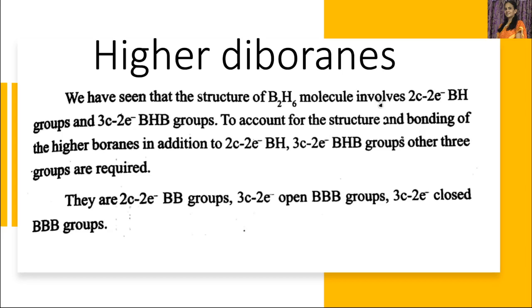They are two-center two-electron BB groups, three-center two-electron open BBB groups, that is three boron atoms, and three-center two-electron closed BBB groups. This is the open BBB group, this is the closed BBB group, and the other one is the BB group. So apart from the two types of bonds, the higher boranes also have these three other groups.